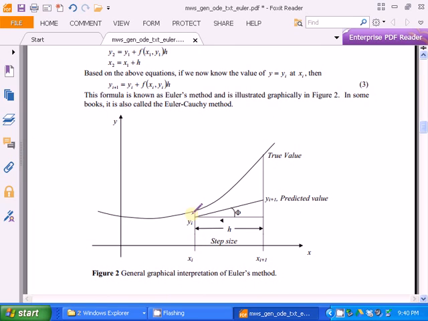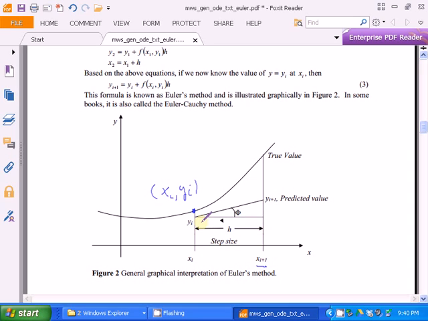When I'm at xi, this point is (xi, yi). Think of i equal 1 for the moment. I want to find the solution at a value of x slightly larger. That's going to be my x(i+1). The difference between these two x's is h, same as in our original condition.